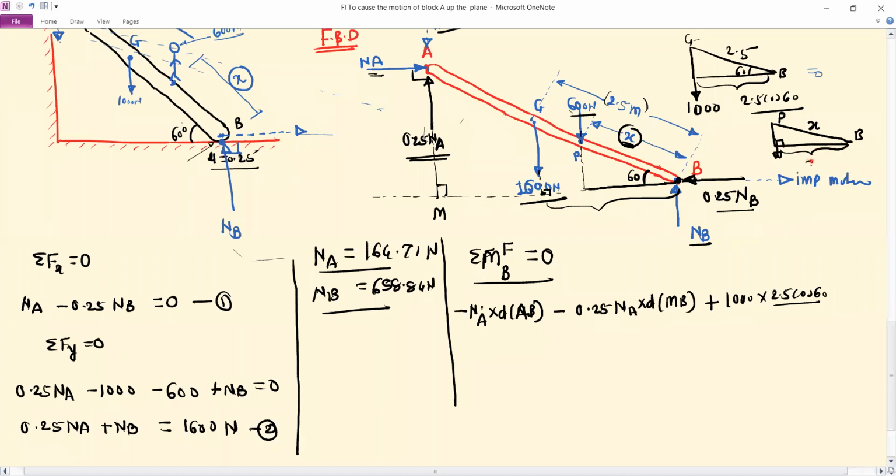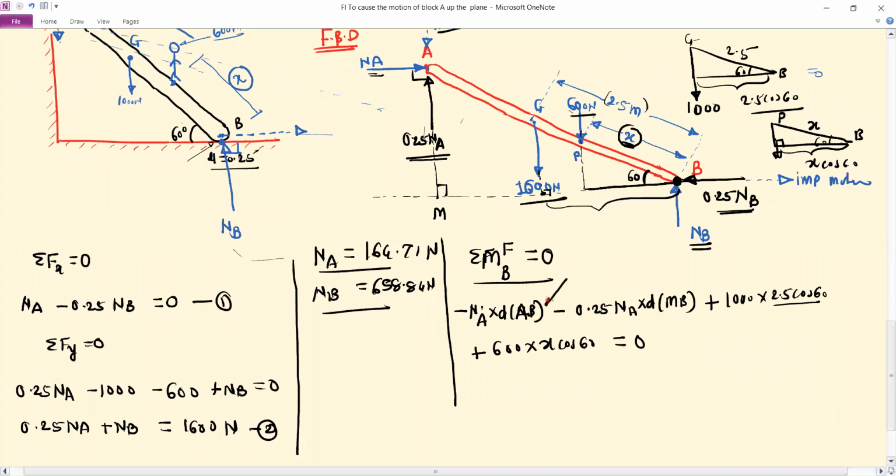So this distance is x, this is 60 degree, so x cos 60. Your moment will be 600 into x cos 60, and it is also anti-clockwise, so it is positive, and this is equal to 0. Moment by NB, moment by this 0.25 NB, will be 0 because the two forces pass through the moment point. So there is no perpendicular distance, and that's why moment is 0.